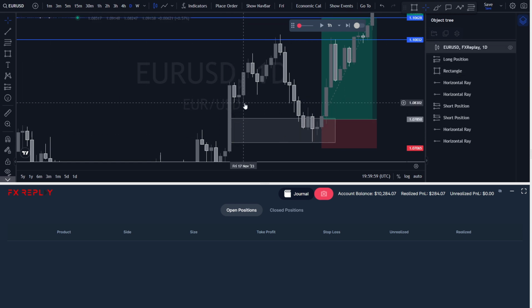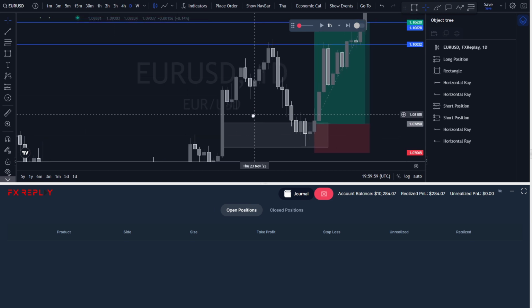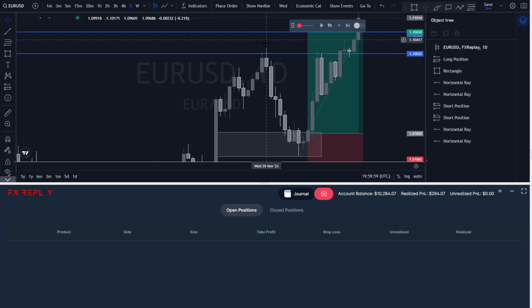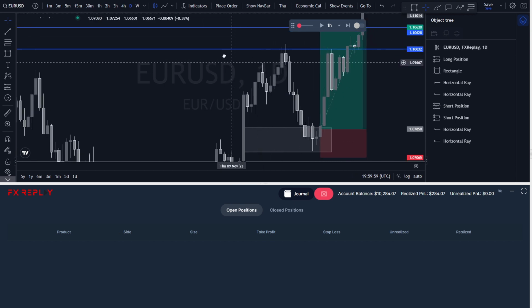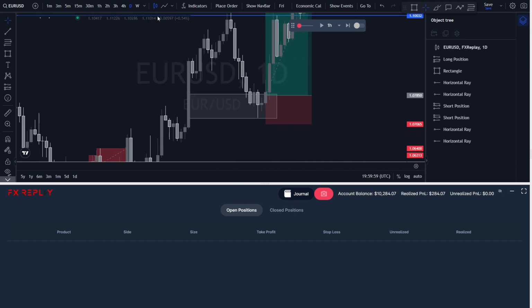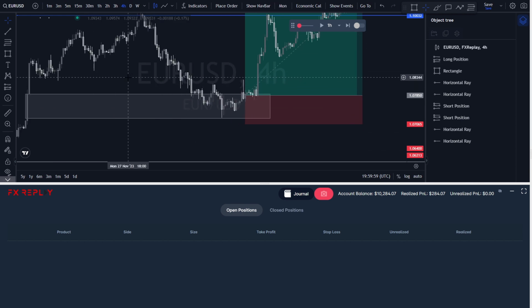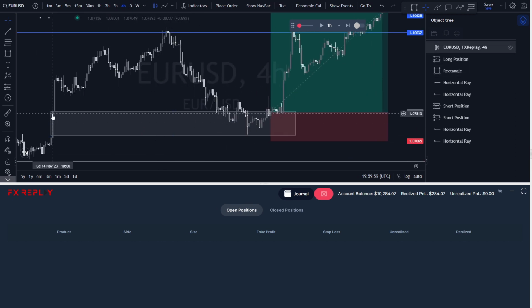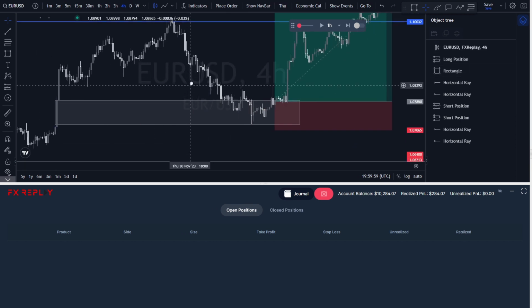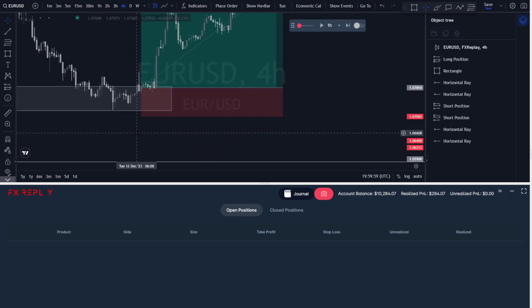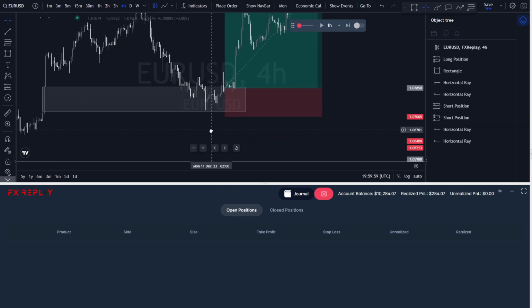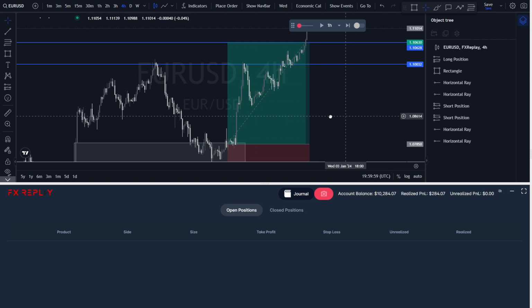It entered just barely with the wick, and it went up. So I could have taken this trade, but I waited for the price to go into the 4 hour fair value gap. It did. It reacted with it. It didn't ignore it.